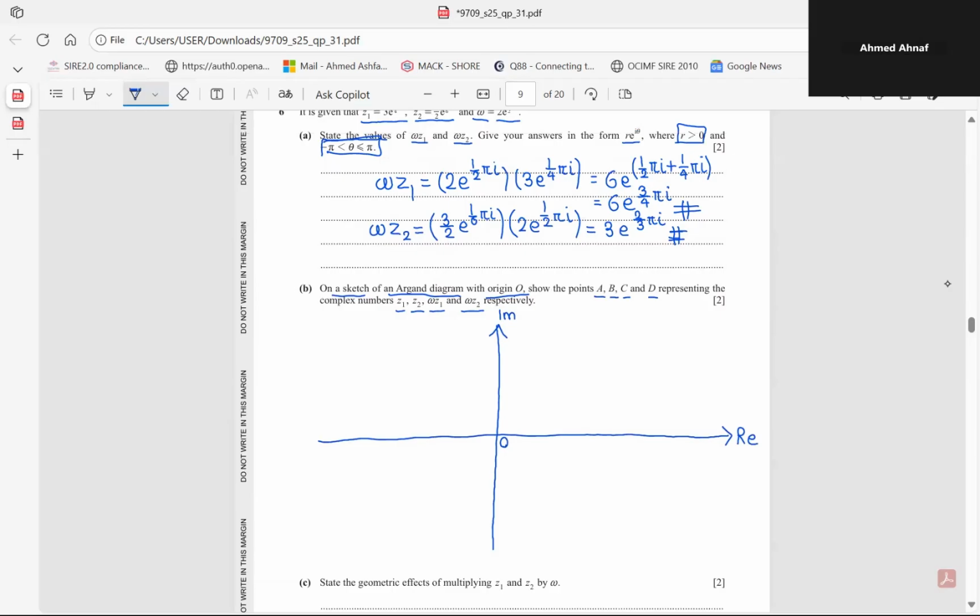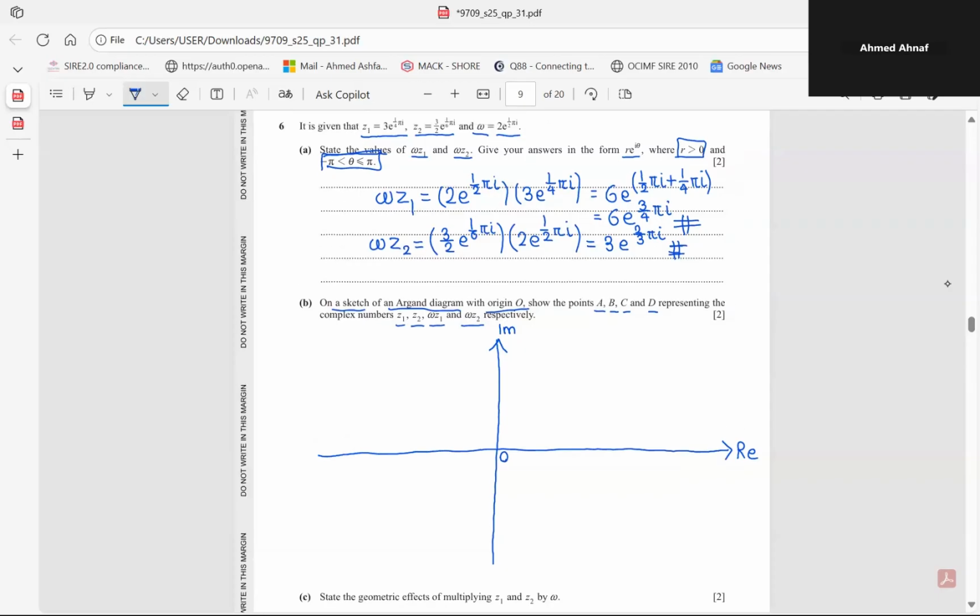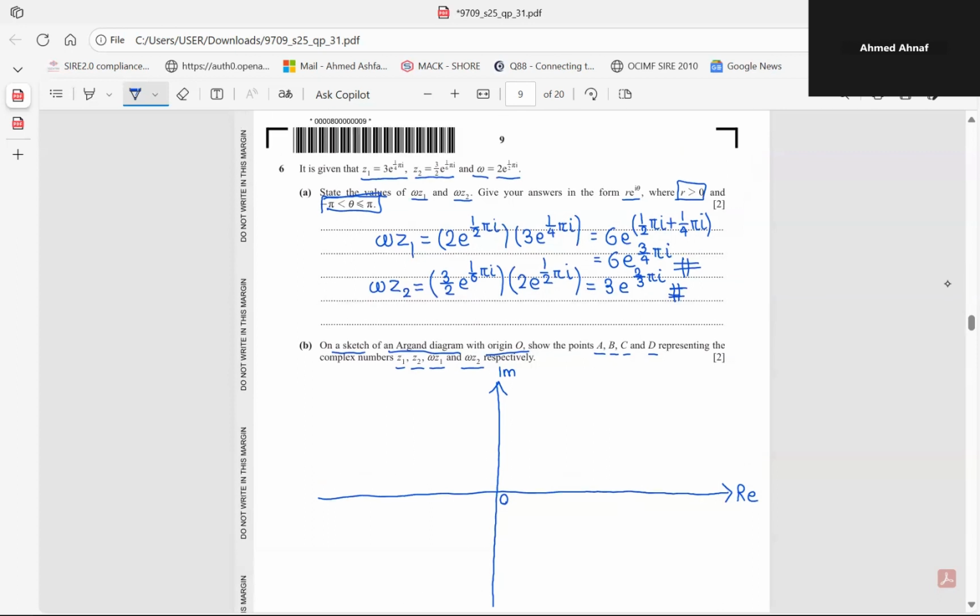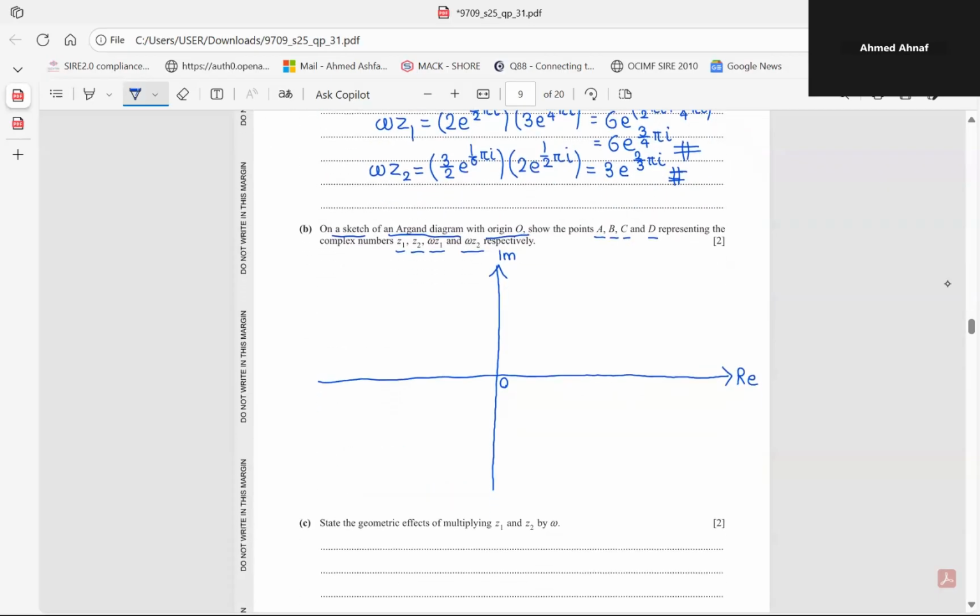Okay, so let's try to sketch point A first, which is basically z1. So the modulus of z1 is 3, and the argument is pi over 4. Pi over 4 is about 45 degrees, so we can put A around here.